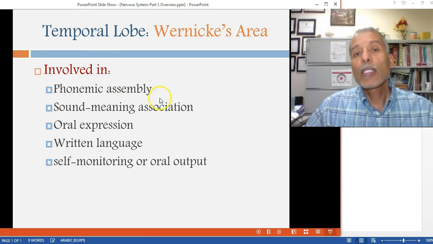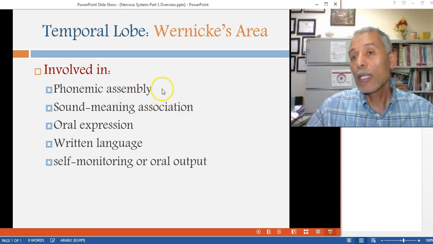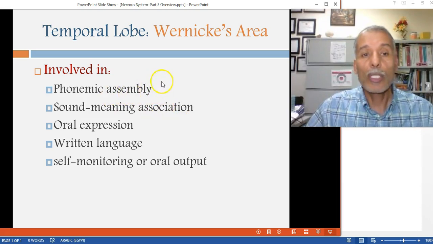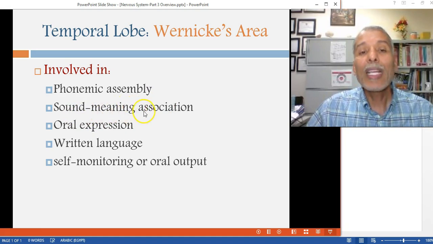So Wernicke's areas, the functions we know of it today are phonemic assembly, means assembling sounds together to make words, and it does so in collaboration with the primary auditory cortex and the association cortex. It integrates sounds with meaning.